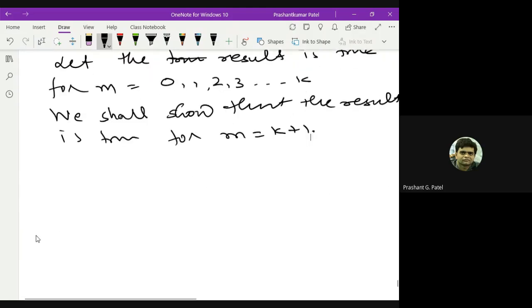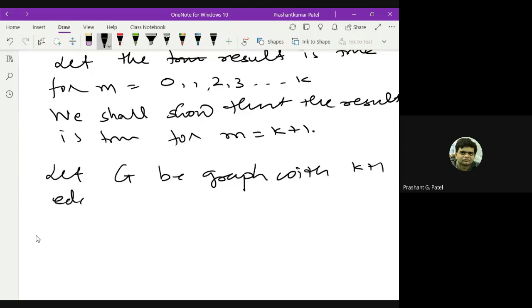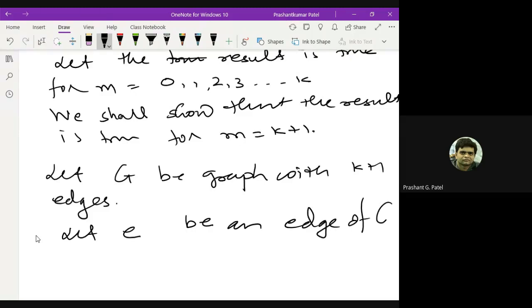So let G be the graph with k plus 1 edges. Let E be an edge of graph G. Now what I am doing is I am just eliminating this edge from this graph G.